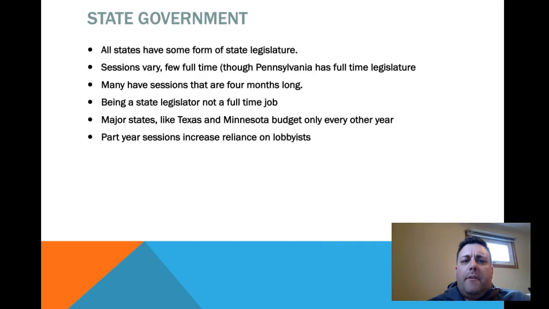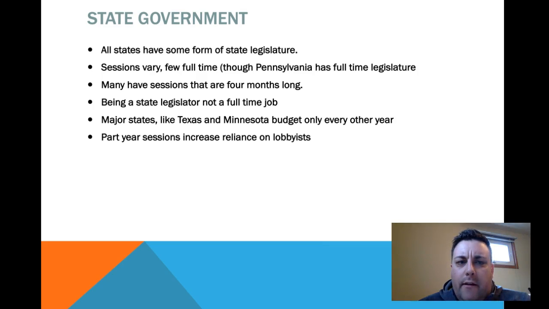State governments were formed in the vein of the federal government. So most state governments have similar three branches of government. All 50 states have some form of state legislature. Only one state is not bicameral.